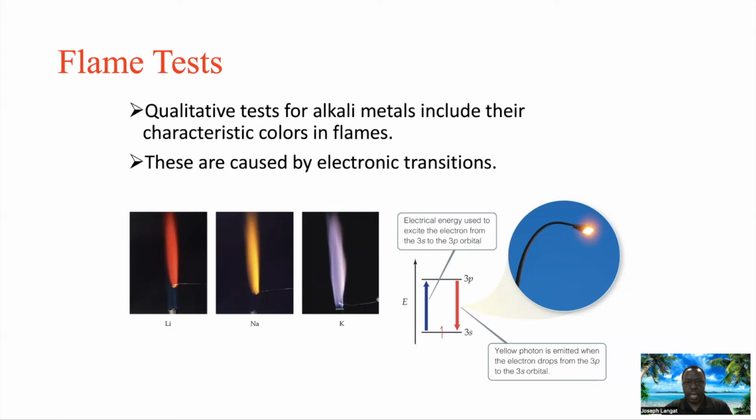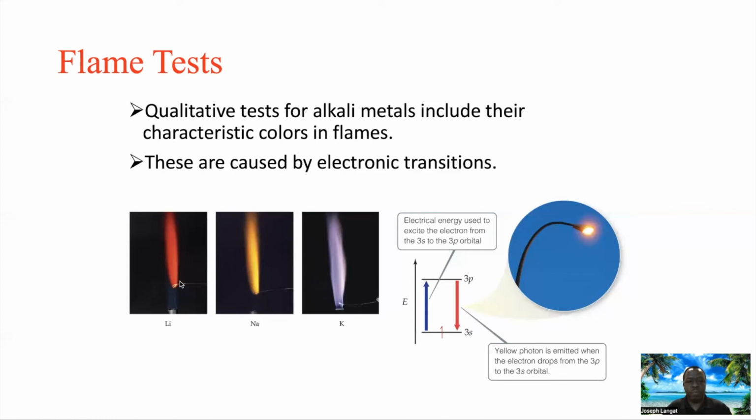Electrons are excited, they gain energy, and go to a higher energy level. When they drop down from the excited state to the ground state, they emit light or photons of characteristic wavelength. You may see it as red, you may see it as violet.